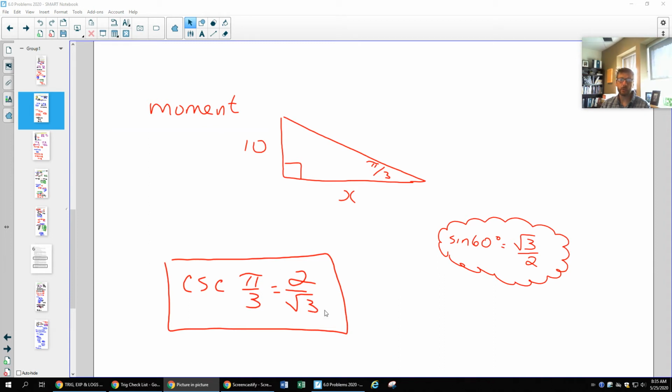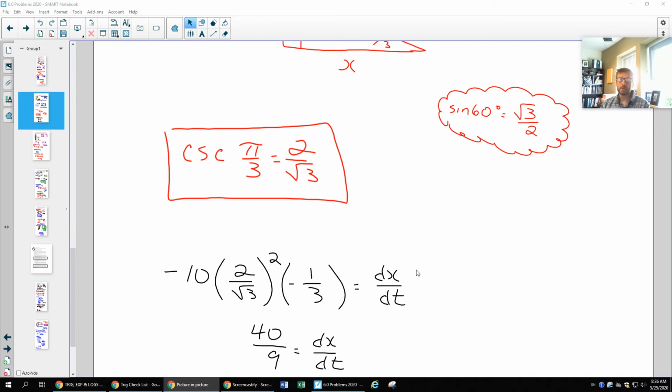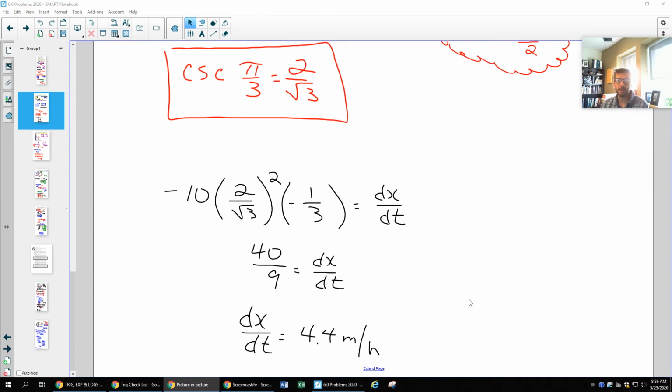So if 2 over root 3 is cosecant theta, all you have to do is square that. If you go back to your formula, it was negative 10 cosecant squared theta times d theta dt equals dx dt. Plug in, and away you go. So 40 over 9, which is about 4.4 meters per hour. So that's an example of solving when you know the angle.